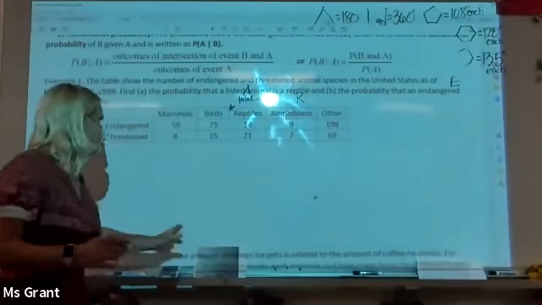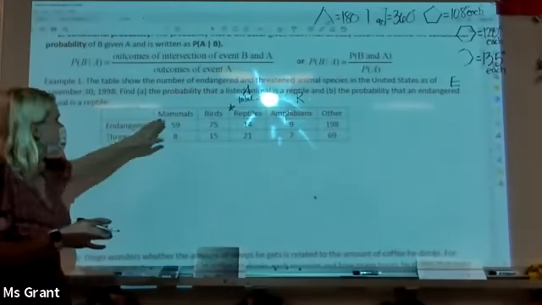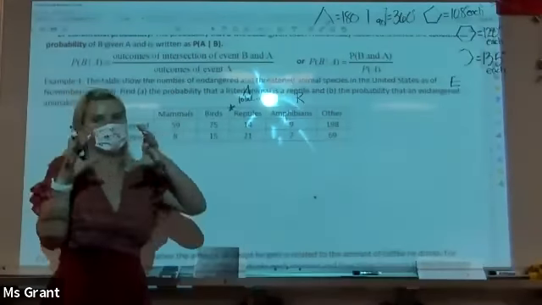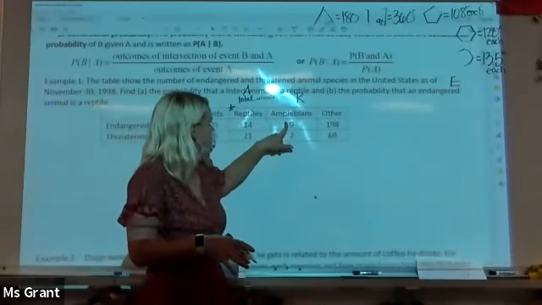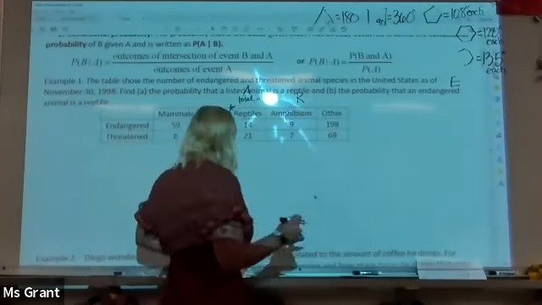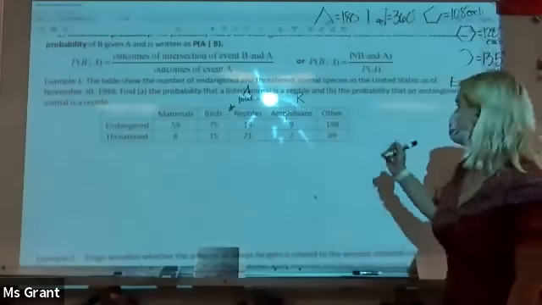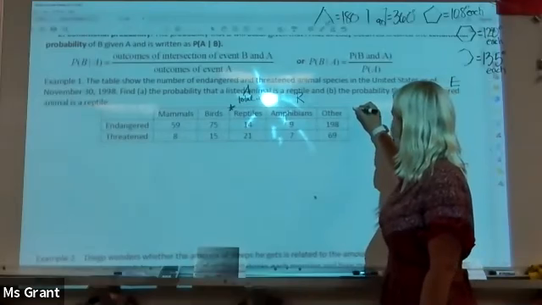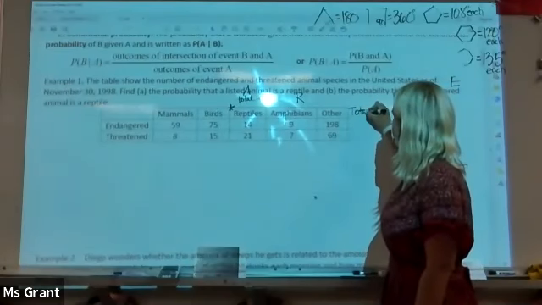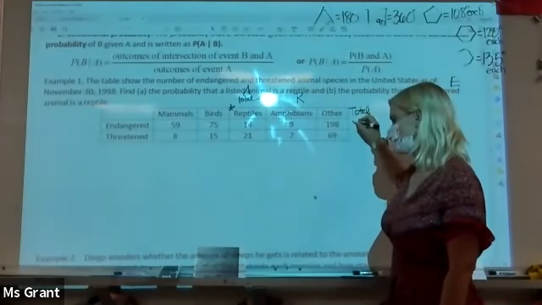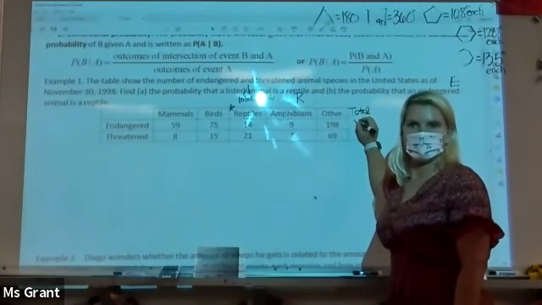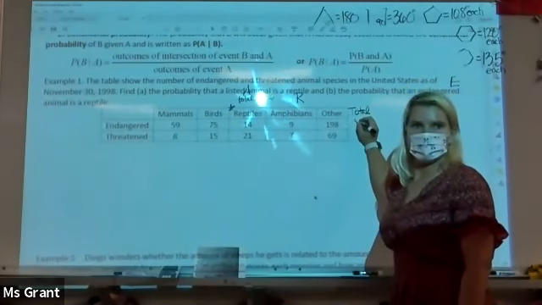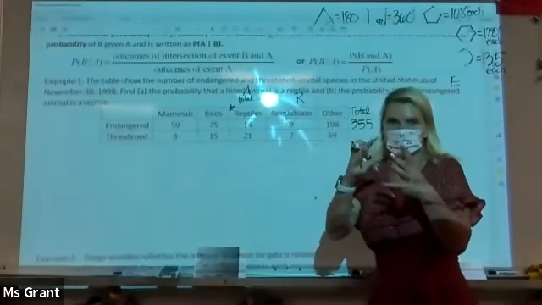So now I'm going to do some adding. On your calculators, let's do endangered first. 59 plus 75 plus 14 plus 9 plus 198. That's 355 endangered animals.